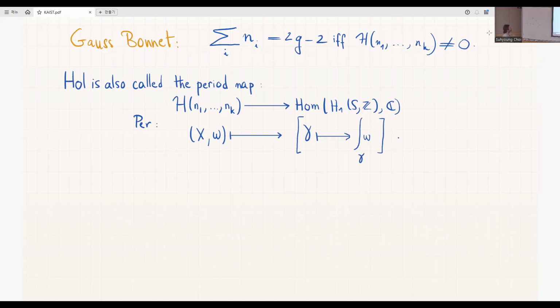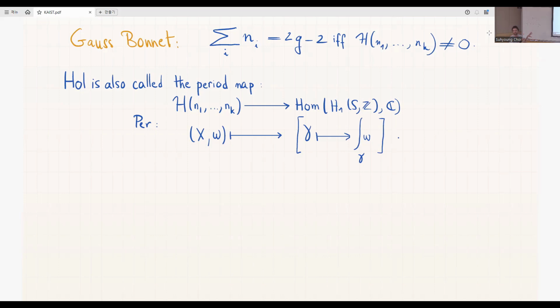So I will say just a little bit more then. No, they're not local homeomorphisms, they are if you add something. If you change the H1 here to the H1 with relative homology with respect to the zeros of omega, so you take all those integrals, and you also take some paths that join the zeros of omega, and you integrate along those paths, then this will be a local homeomorphism.